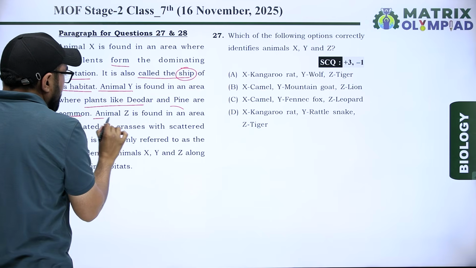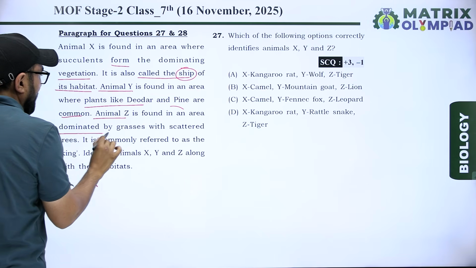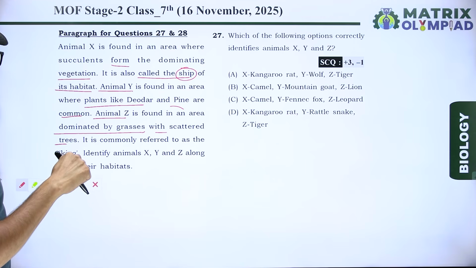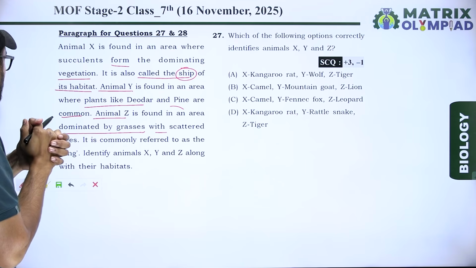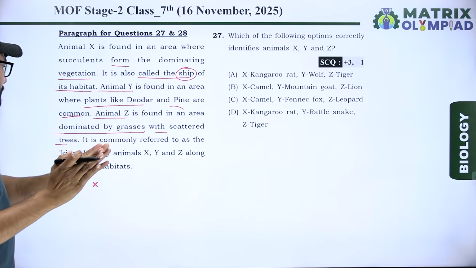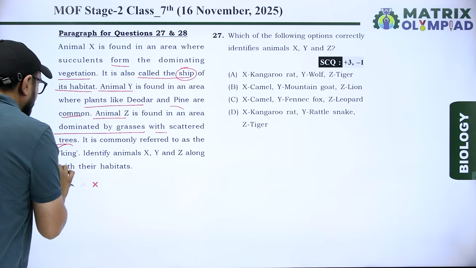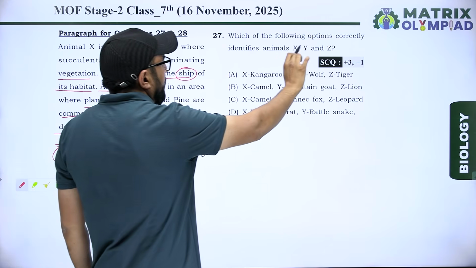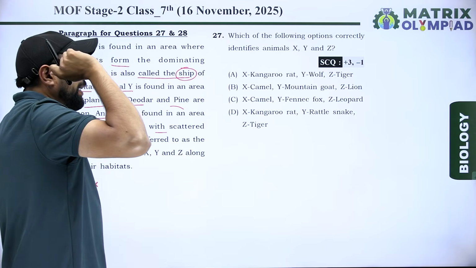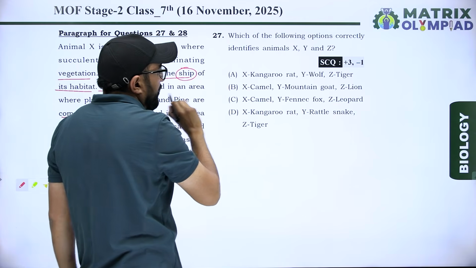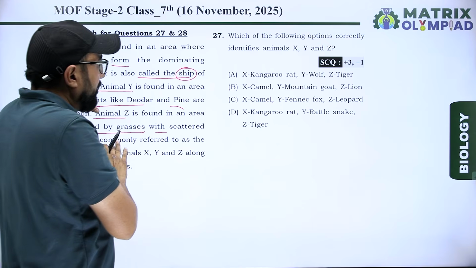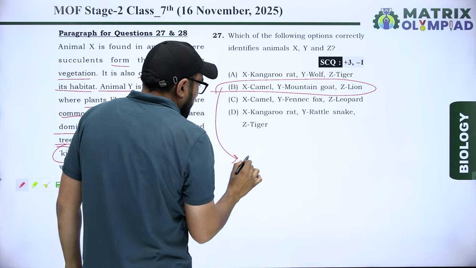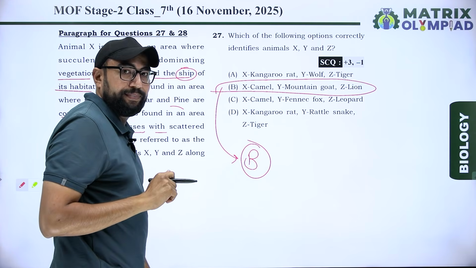And animal Z is found in an area dominated by grasses with scattered trees. It means forest. It is commonly referred to as king. It means lion. Question 27: which of the following options correctly identifies X, Y, and Z? Camel, mountain goat, and lion. Option B is correct for this question.